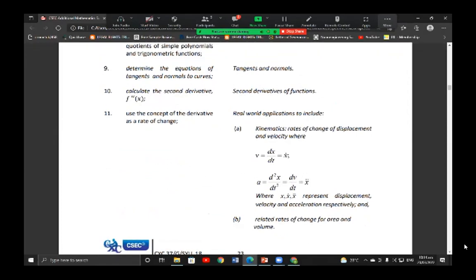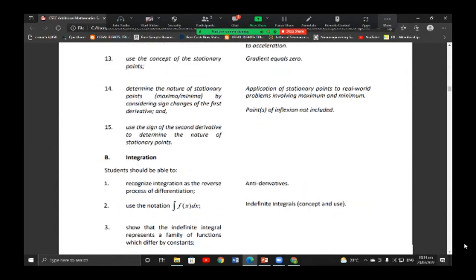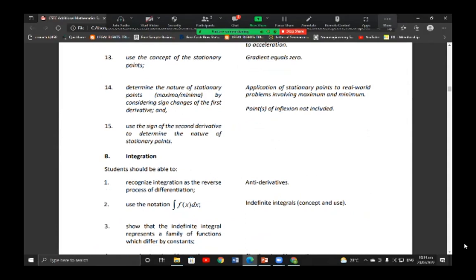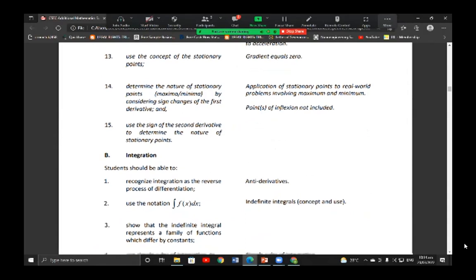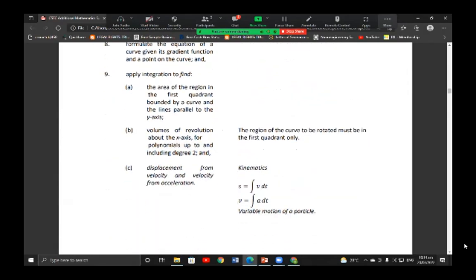So it's important for you to know basic differentiation and how to do rates of change. And that's why I did it last class, right? Because you're required to have that skill before you start kinematics. And you would also be required to apply integration when doing kinematics, for displacement, velocity, and acceleration. You need to know these, right?